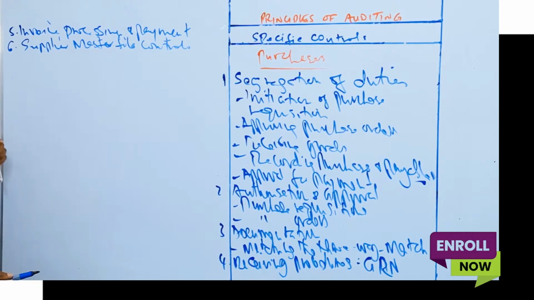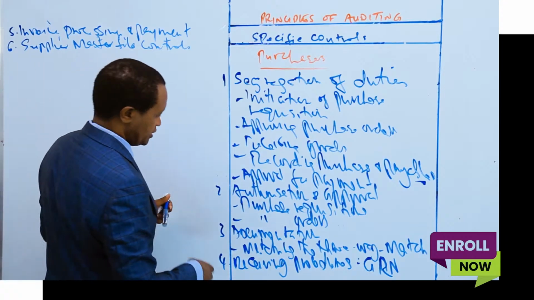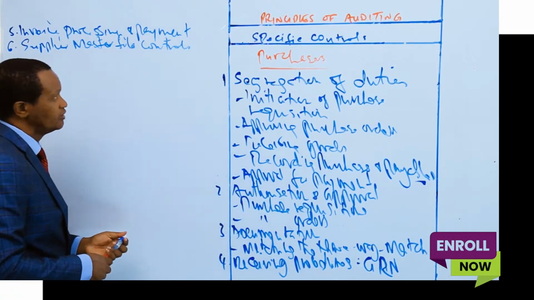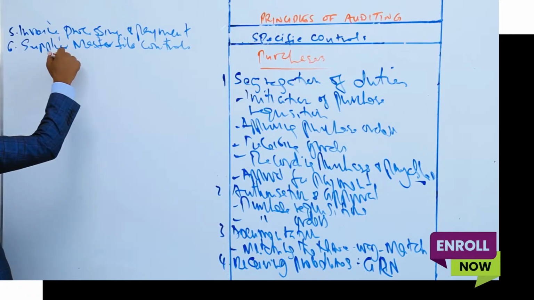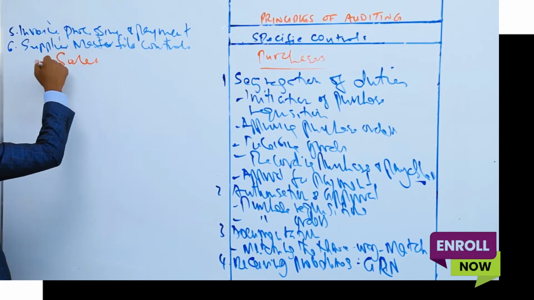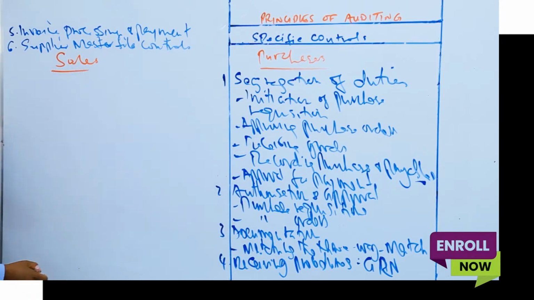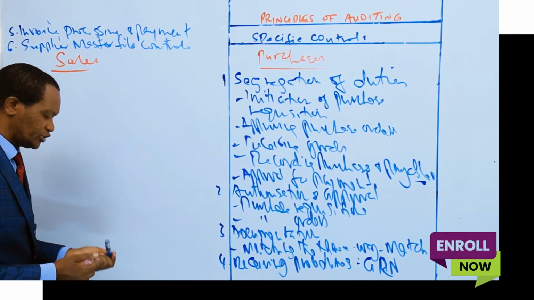Now let's move to specific sales controls. We've done purchases. We move to specific controls on sales. Now, the sales cycle covers, just like the purchases cycle, areas like order taking, credit approval, shipping, billing, cash collection, and so on.